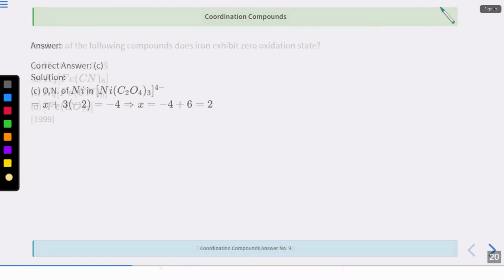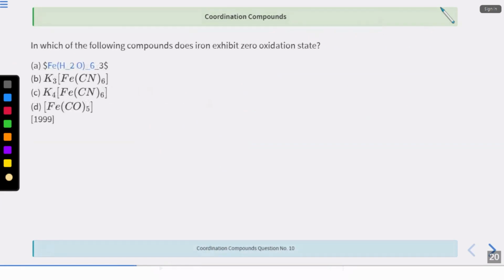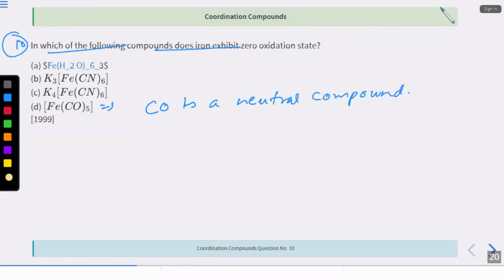Question number 10. In which of the following compounds does iron exhibit zero oxidation state? Okay, so this is quite simple. This is option number D only, because CO is a neutral compound. So it would be X plus 0 equals 0, so X would be 0.